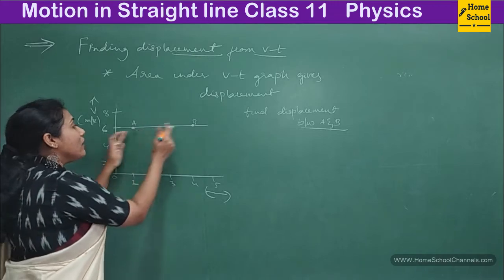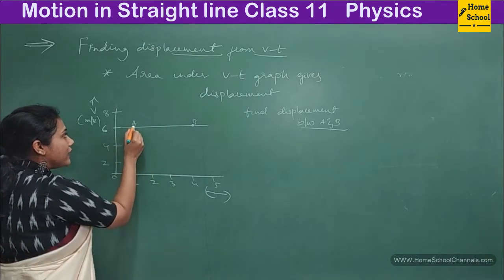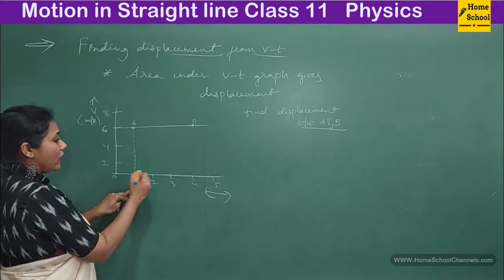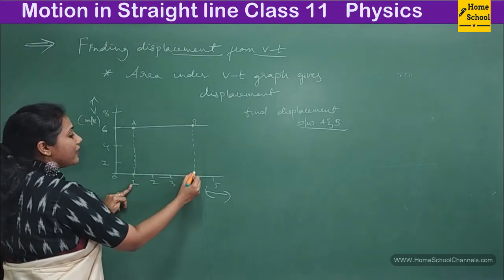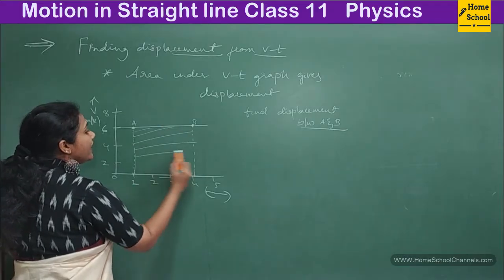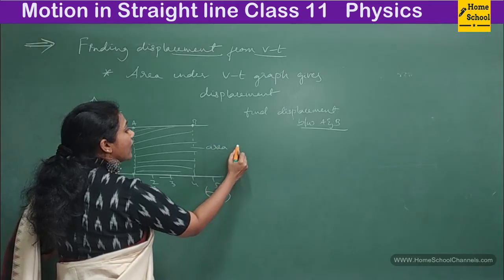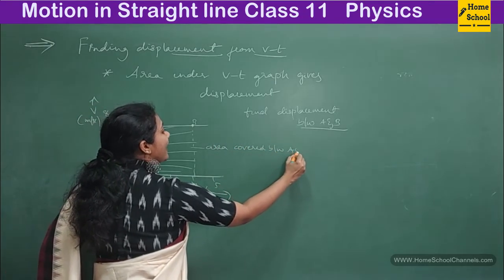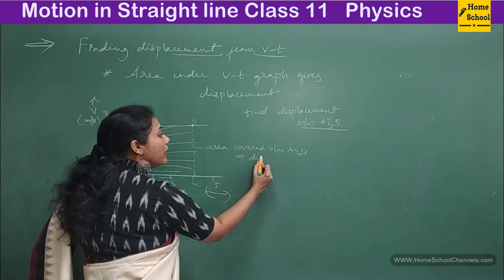If I project A on the t-axis here, and B here, this is the area covered between A and B. So this area is equal to the displacement.